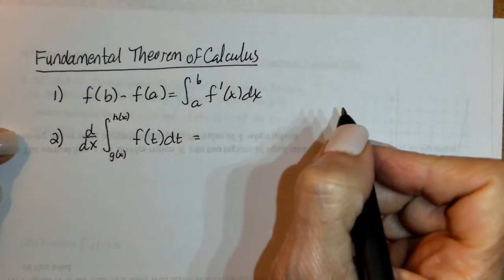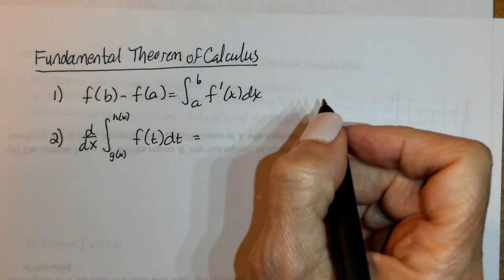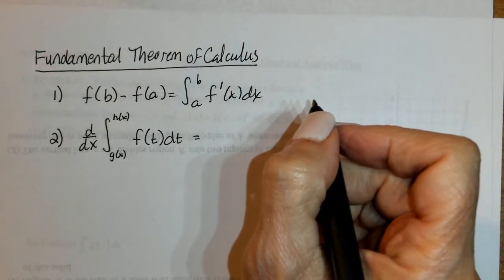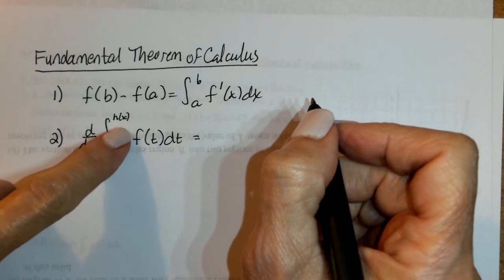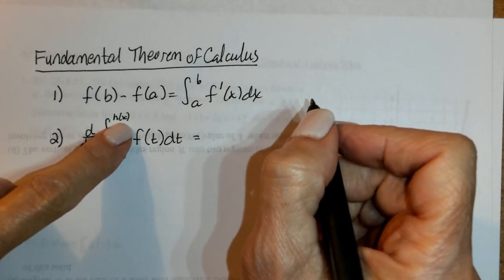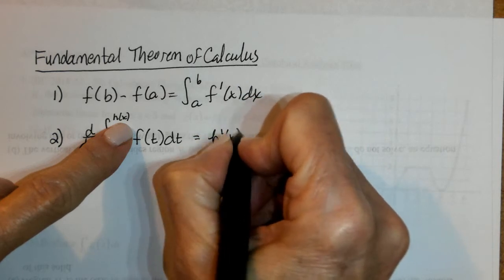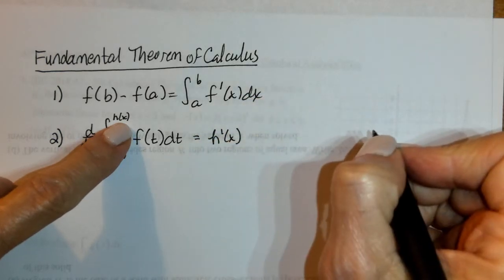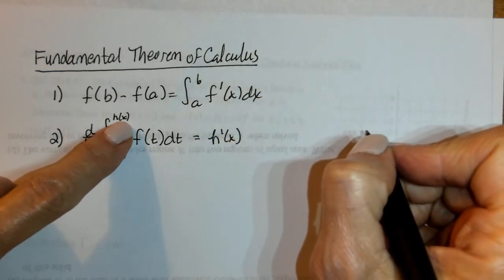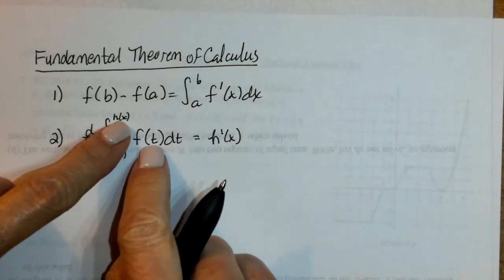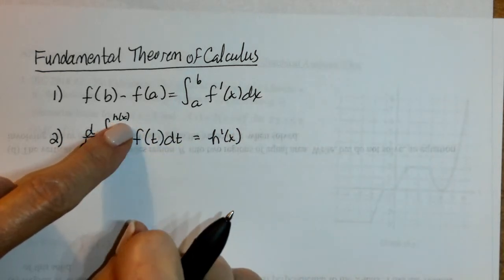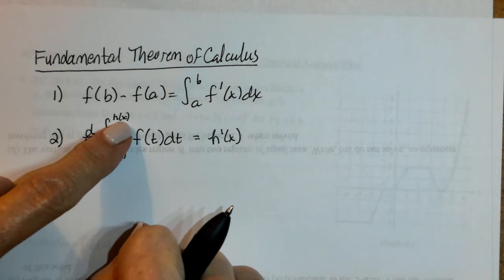When we're taking the derivative of this integral, this part of the Fundamental Theorem of Calculus says, and we explained it back when we were first going over this, you start at the top boundary and you take the derivative. It's a bit of a chain rule going on here, so you need the derivative of that first. Then you replace every t in your function with that function of x.